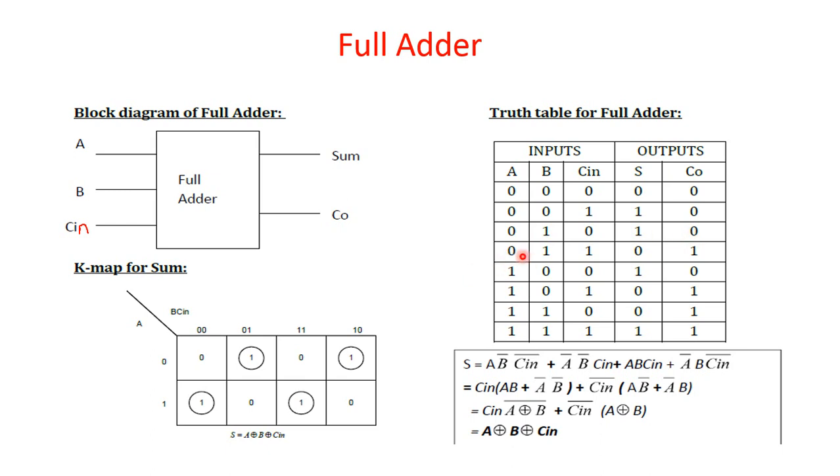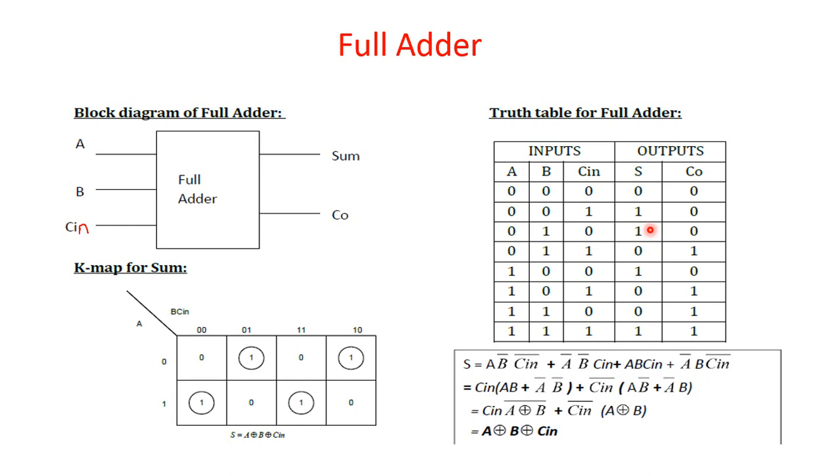For 0, 1, 1, sum is 0 and carry is 1. For 1, 0, 0, sum is 1 and carry is 0. For 1, 0, 1, sum is 0 and carry is 1. For 1, 1, 0, sum is 0 and carry is 1. For 1, 1, 1, sum is 1 and carry is 1.